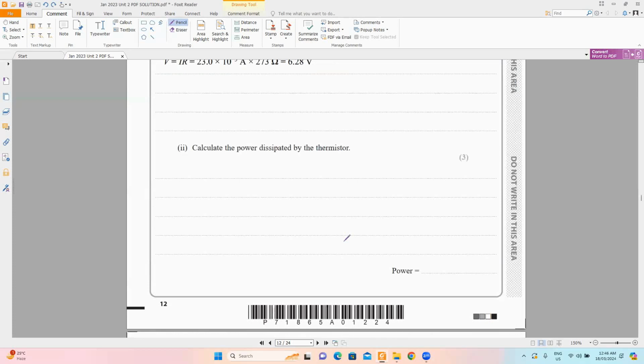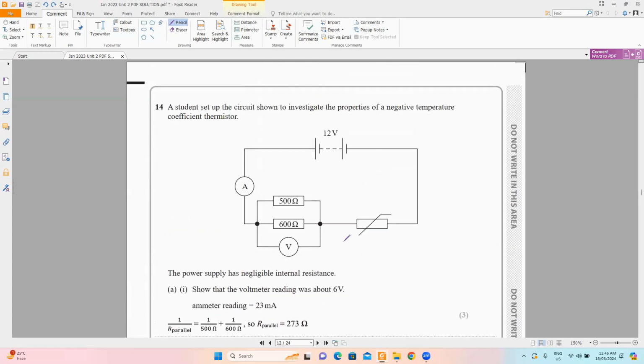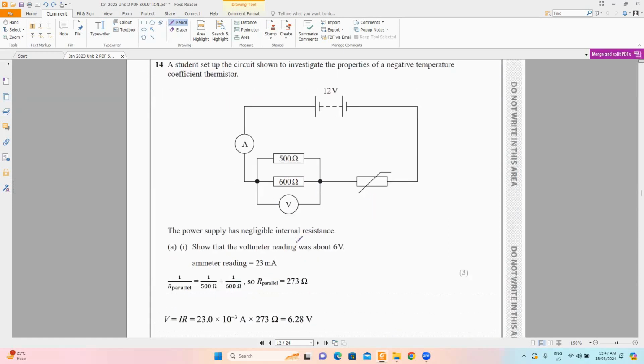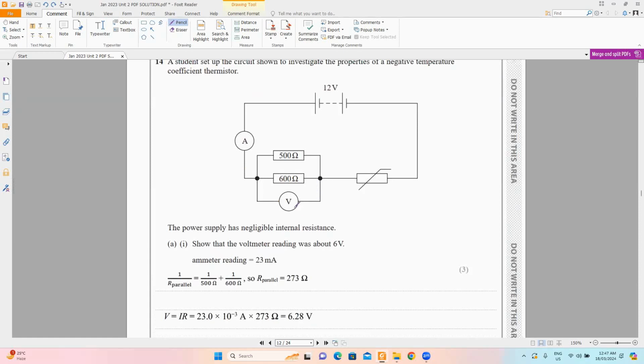Next part, the question asks for the power dissipated by the thermistor. You have to notice something. The thermistor is in series with these two, right? Since it's a series circuit, the same current flows through the entire circuit. So 23 milliampere also flows through the thermistor. And since they're connected in series, the total voltage is shared among these two components. If the parallel branch gets 6.28 volt, the thermistor will get 12 minus 6.28.